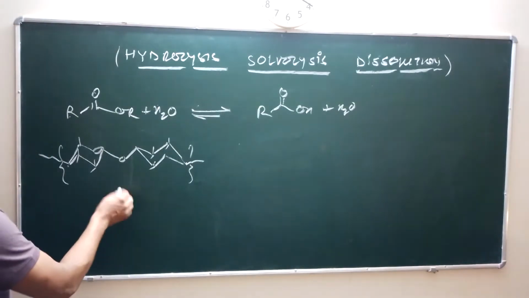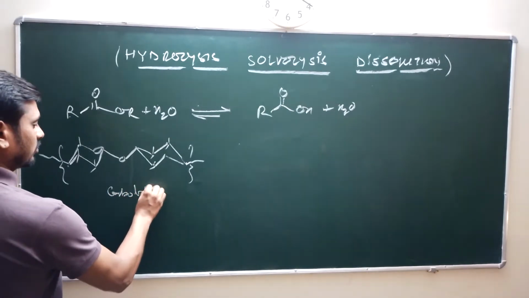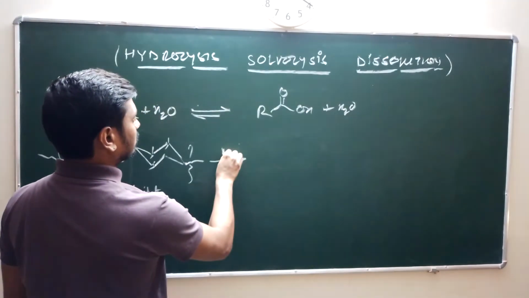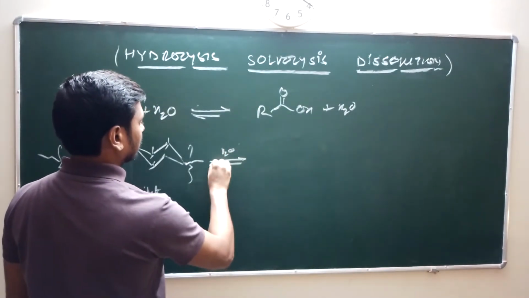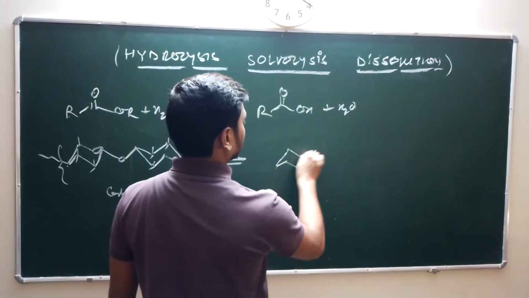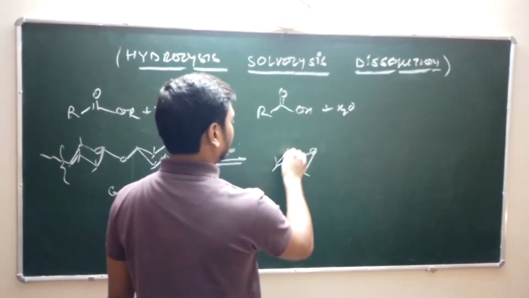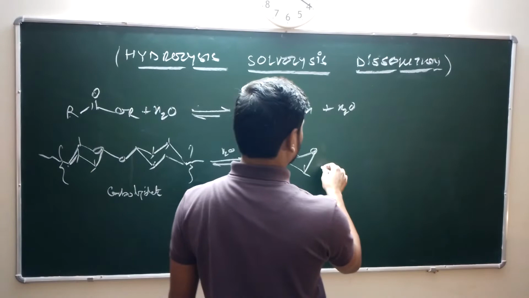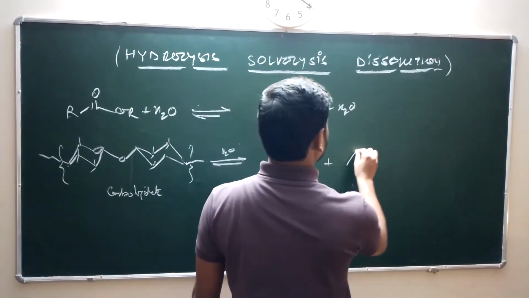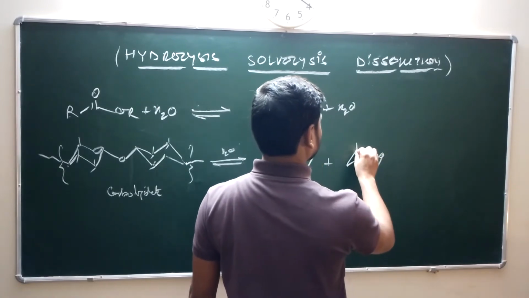This is basically a carbohydrate molecule. And when it is treated with water, what happens? We get free glucose molecules, or free monomeric saccharide molecules, as a preliminary sugar would be. These kinds of reactions we often face.